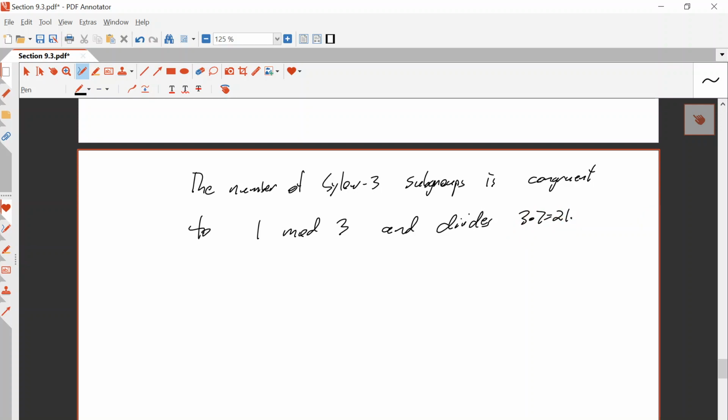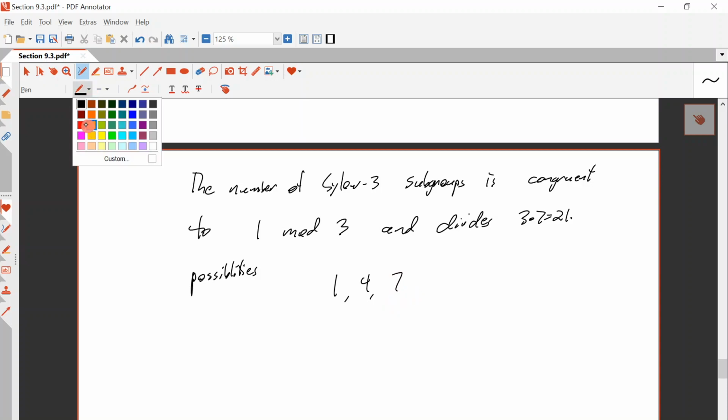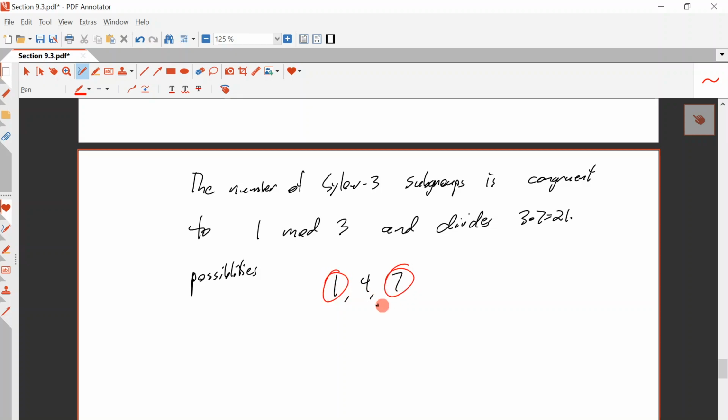Well, it actually has to divide 7, because anything that's 1 mod 3 doesn't divide 3. So the possibilities: things equal to 1 mod 3 are 1, 4, and then 7. 4 doesn't divide 7, so these are the possibilities, 1 and 7.